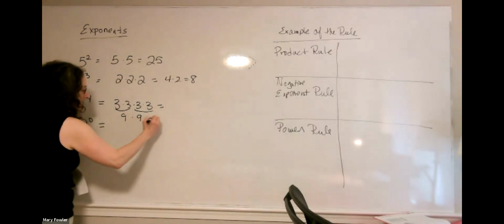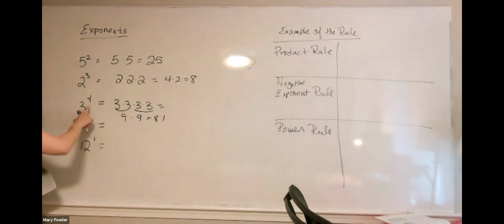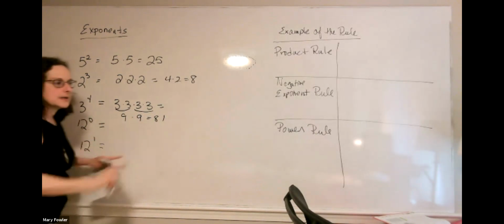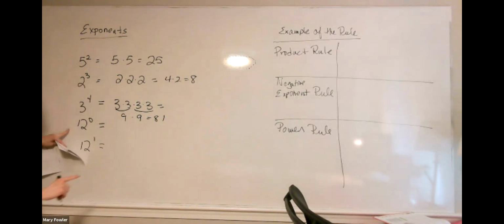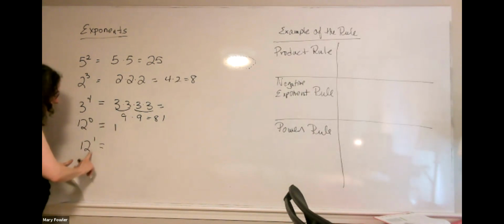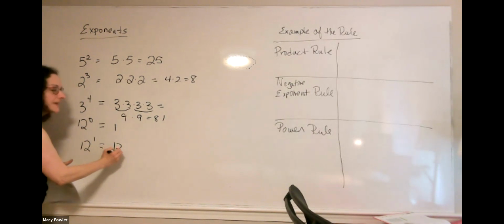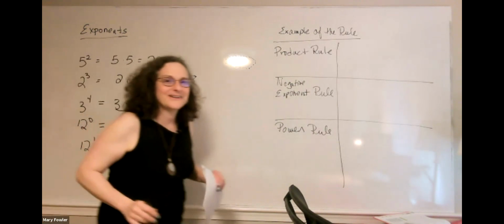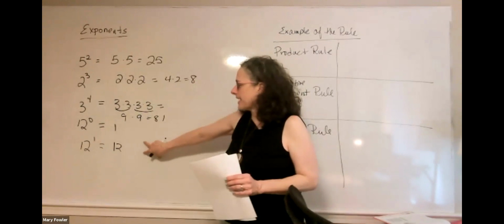So 9 times 9 is 81. 3 to the 4th power is 81. And 12 to the 0, anything to the 0 is 1, and anything to the 1 power is itself, so 12 to the 1 is 12.